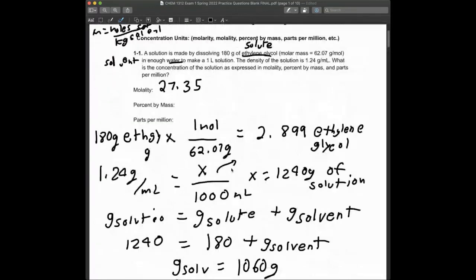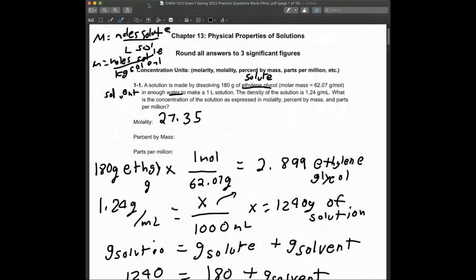Okay, if not, let's go ahead and do percent by mass. I'll do that in a different color, some blue. So if you remember from the PowerPoint, the percent by mass is the grams of the solute that you have.